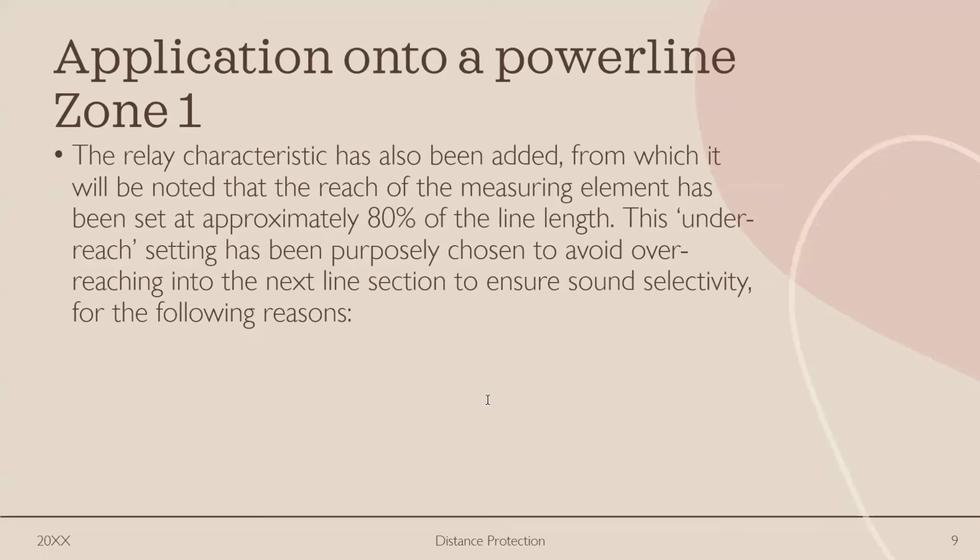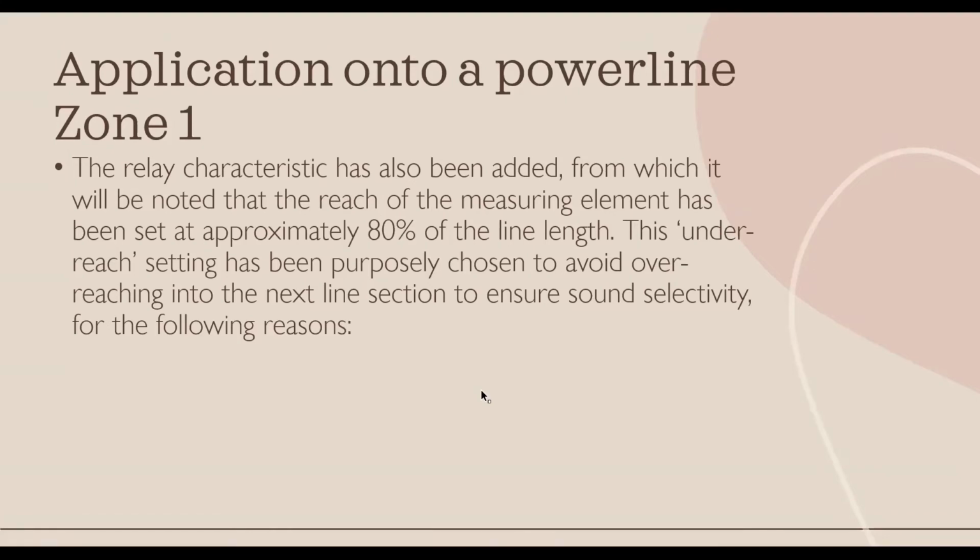For the application onto a power line for zone 1, the relay characteristic has also been added, from which it will be noted that the reach of the measuring element has been set at approximately 80% of the line length. This underreach setting has been purposely chosen to avoid overreaching into the next line section to ensure sound selectivity for the following reasons.